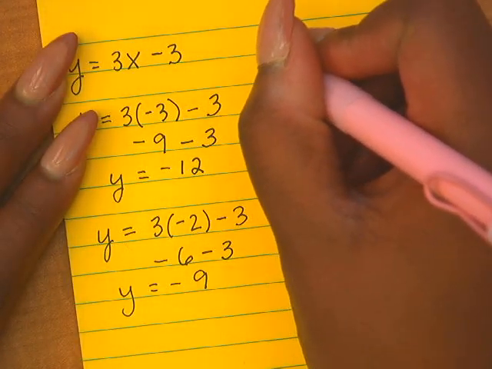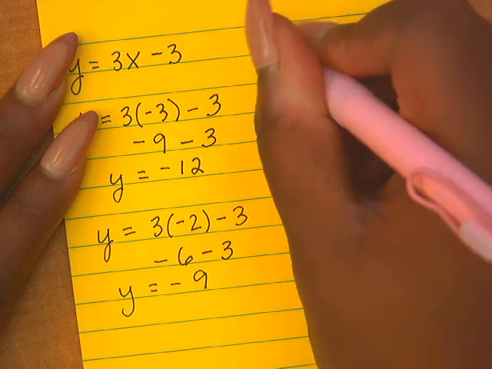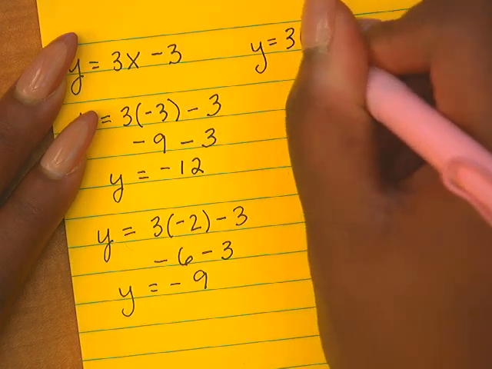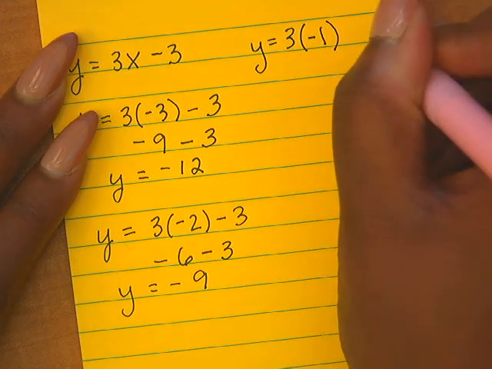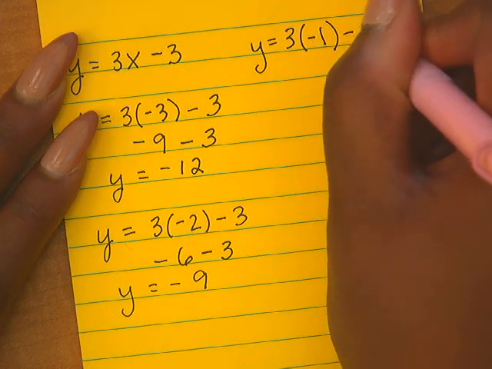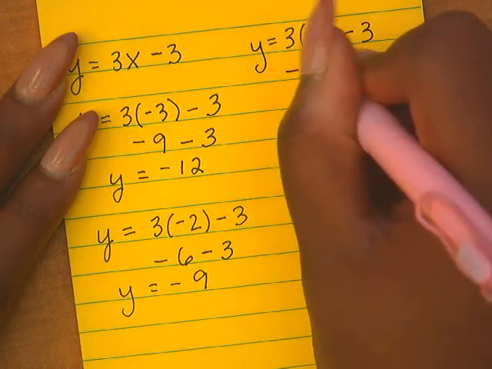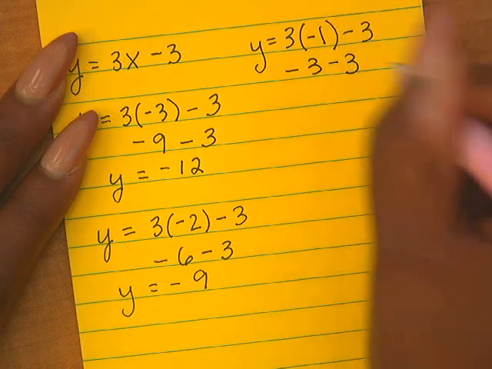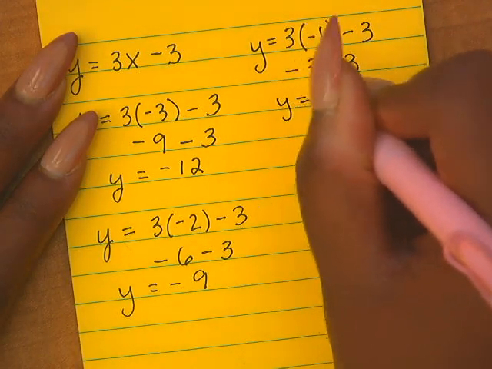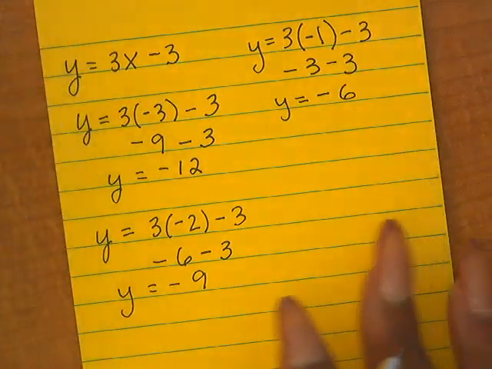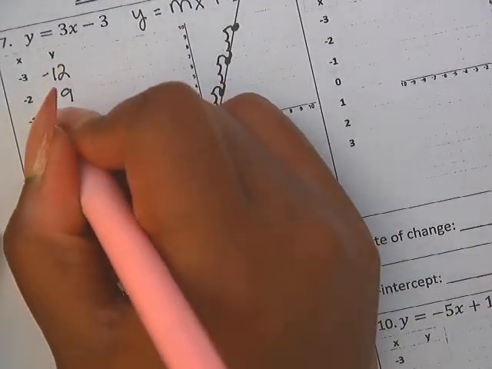The next input is -1. So y equals 3 times -1 minus 3. So that's -3 minus 3. Y is equal to -6.